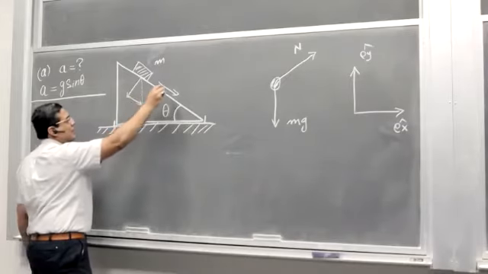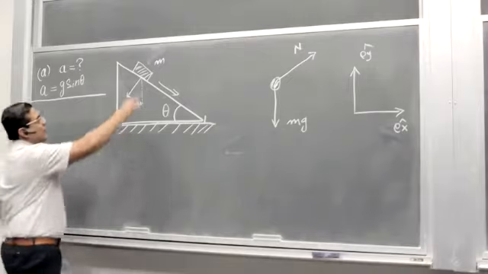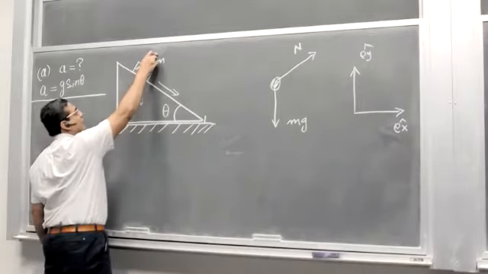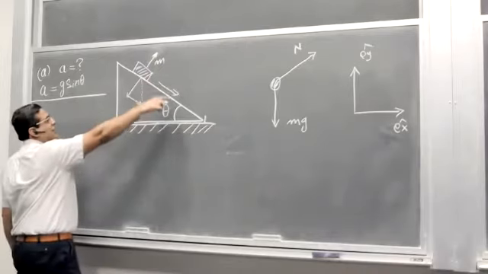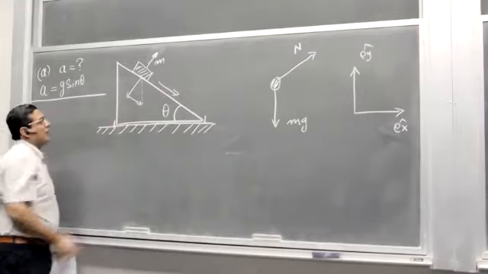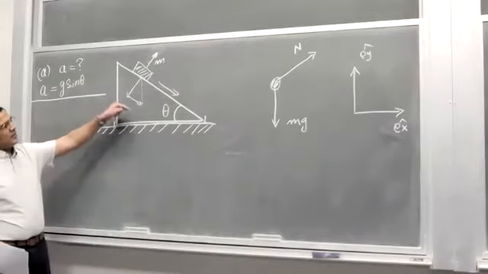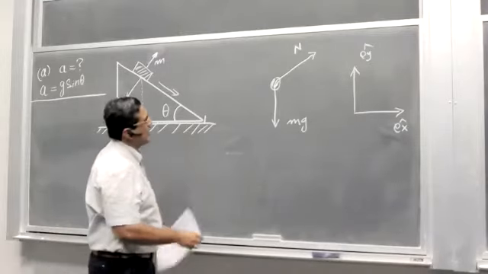Then the expression for the acceleration is simple, because the acceleration in the orthogonal direction we can just take as 0, and in this direction the acceleration equals the weight component of the block in this direction. It's also not that difficult here as well.